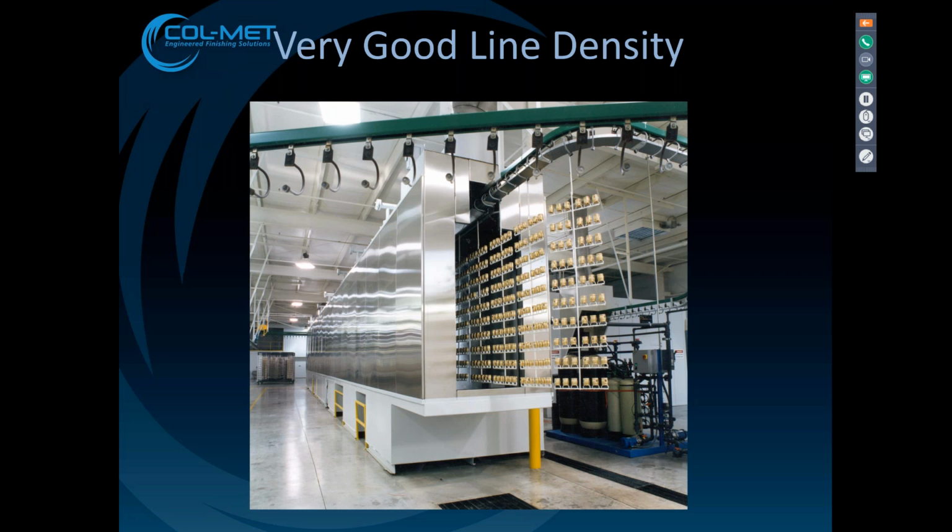We've got more product in front of the powder cloud in this case than we would if there was more space and more air between each product. So this also increases the transfer efficiency and product utilization for the customer as he applies his coating.